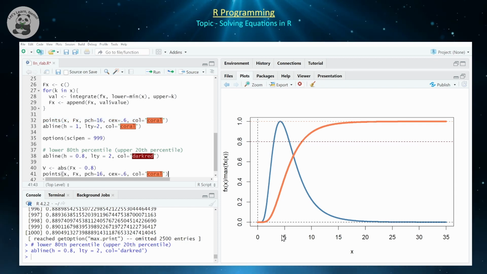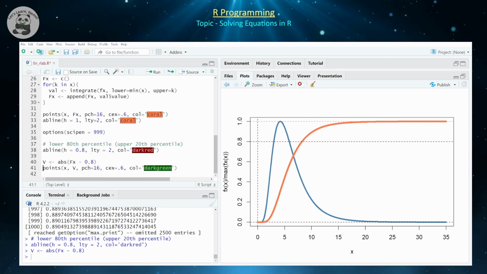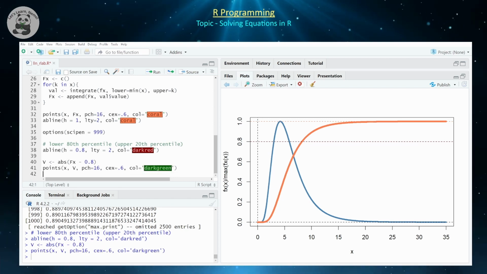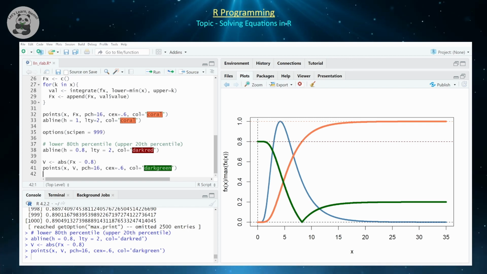And this is actually going to be an interesting curve, so I'm going to graph it just for fun. So I'm going to graph x v, and let's choose a different color, for example, dark green. So there's our v, let's plot that. And then you're going to have this interesting curve here.